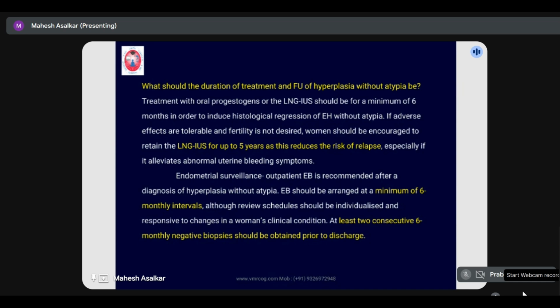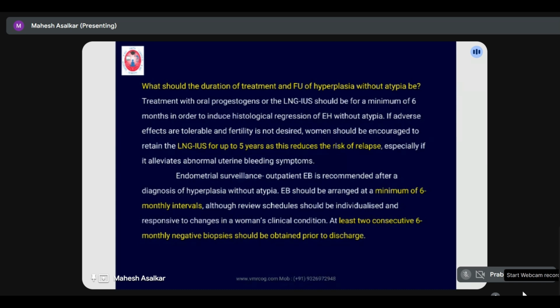Okay, so what is the surveillance method? It is OPD basis endometrial sampling at 6 monthly intervals, and if you get 2 negative 6 monthly samples, then you can discharge the lady from the follow-up. Initially you have diagnosed the endometrial hyperplasia without atypia, and you started them on progesterone, LNG-IUS or oral progesterone.